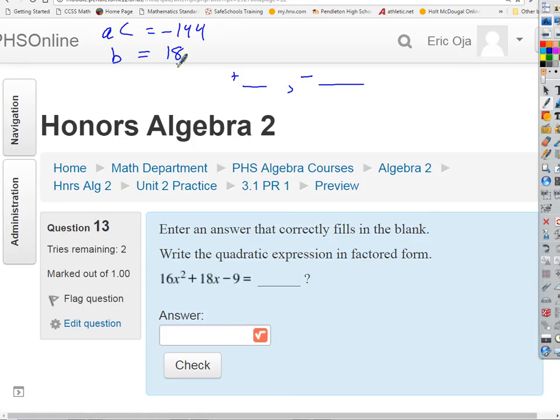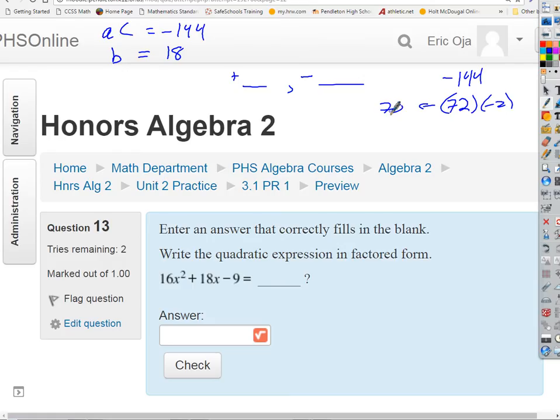Most people would just take 144 and break it up into factors and see which of those factors of negative 144 are going to add to 18. For example, if we took the factors positive 72 and negative 2, those would add up to 70, which is way too big. It's supposed to add up to 18. So you could just keep playing that game if you wanted to.